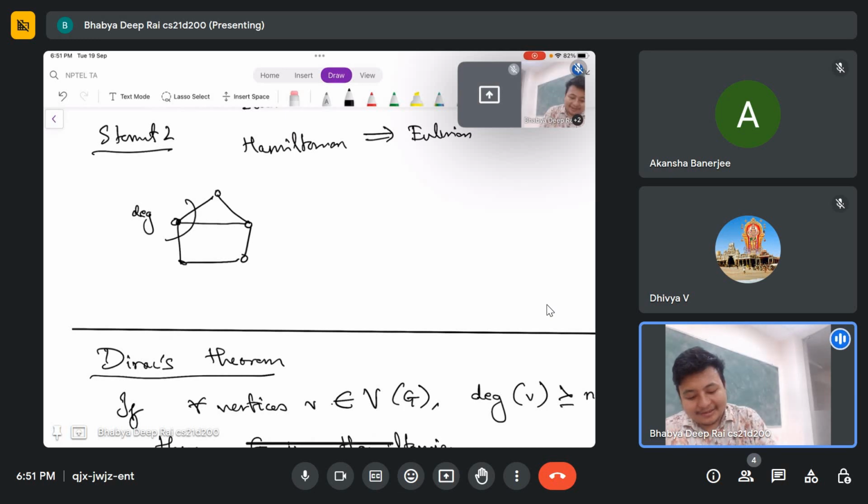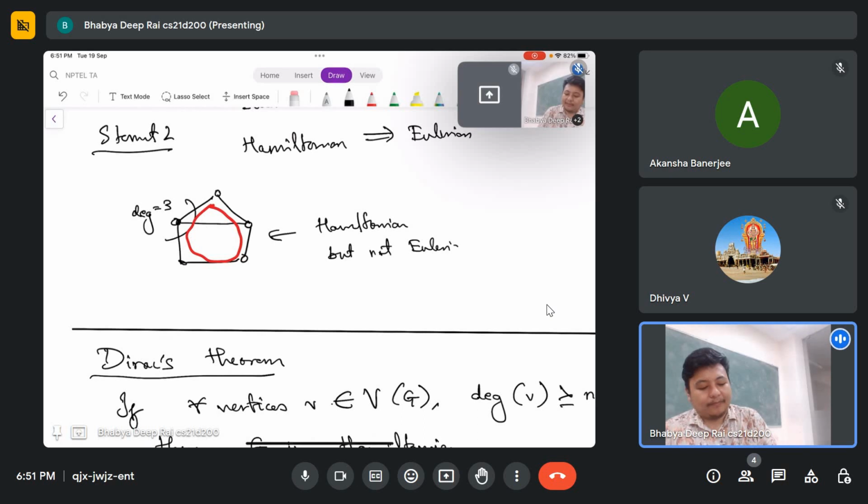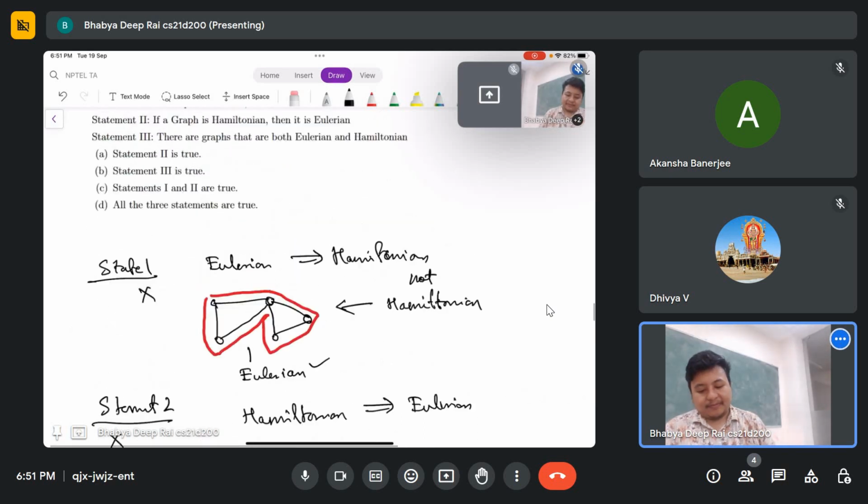Why? Because there is a vertex where the degree is 3. But this is Hamiltonian because of this cycle, which visits all the vertices. So Hamiltonian, but not Eulerian. So statement 2 is also false.